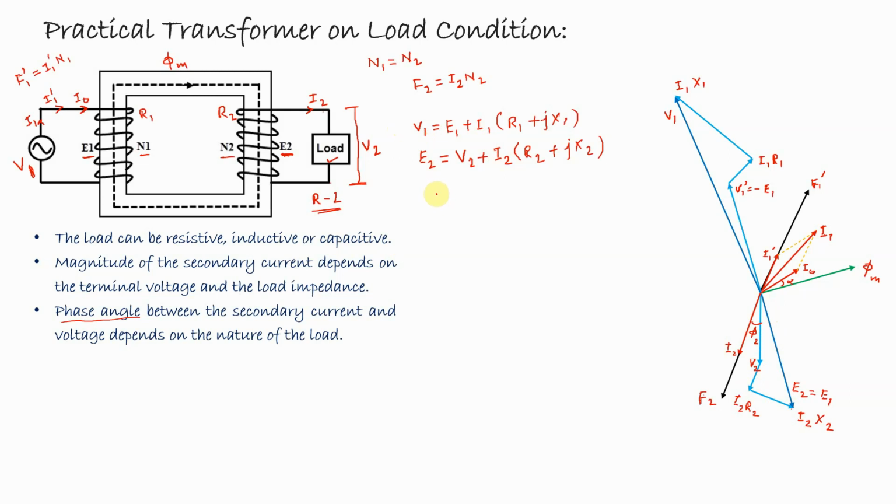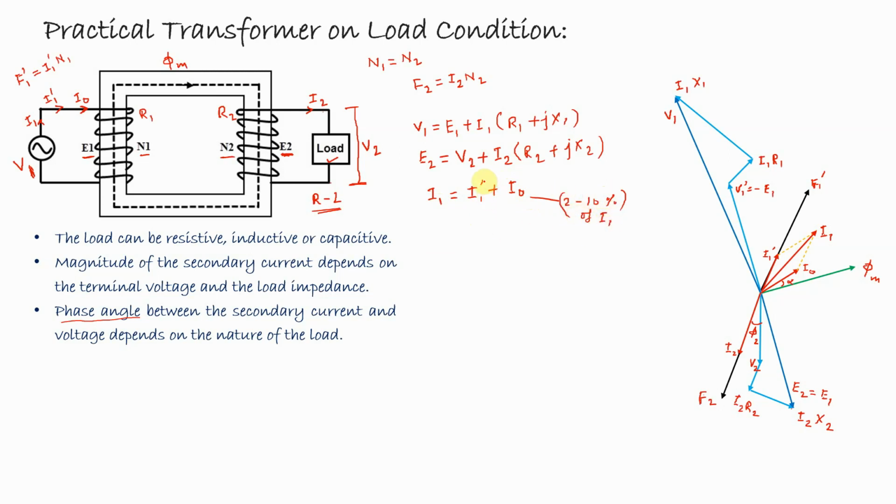Next is the current relations. In the primary side, the primary current is the phasor summation of I1 dash and I0, where I1 dash is called the load component of the primary current and I0 is called the no load current. Remember one thing, I1 is the total primary current at loaded condition and I0 is only 2 to 10% of I1.